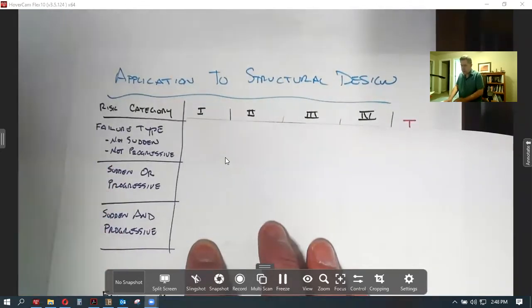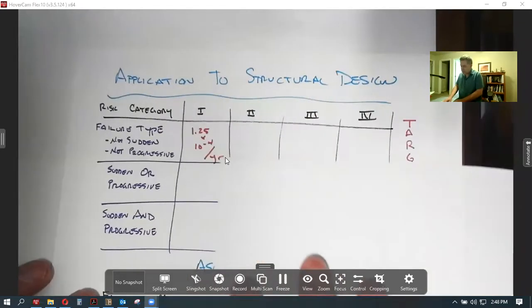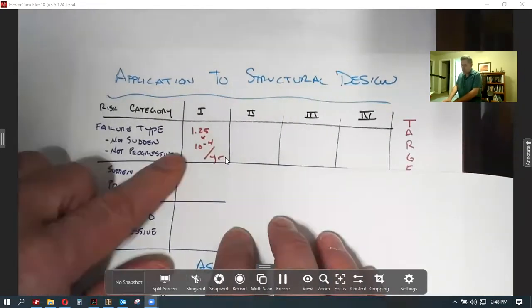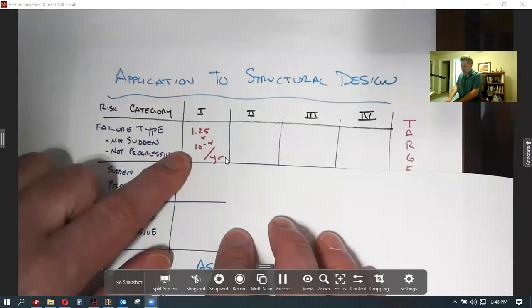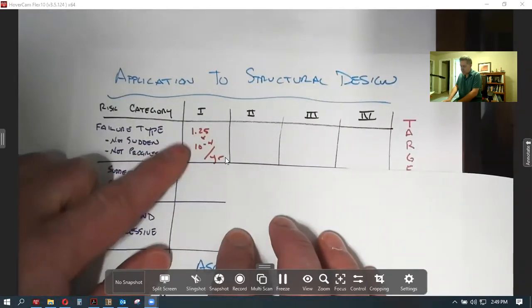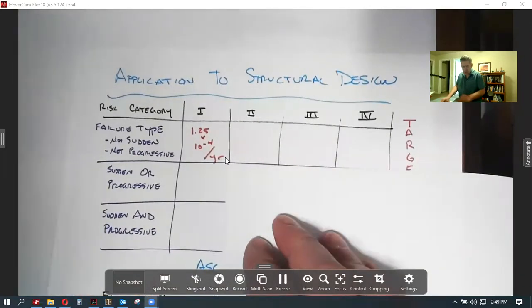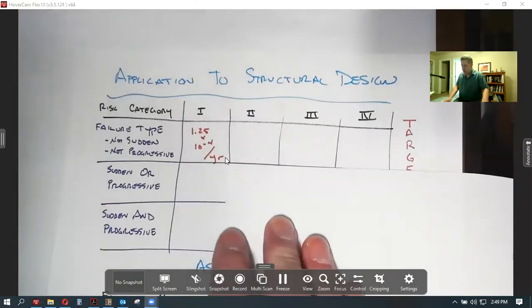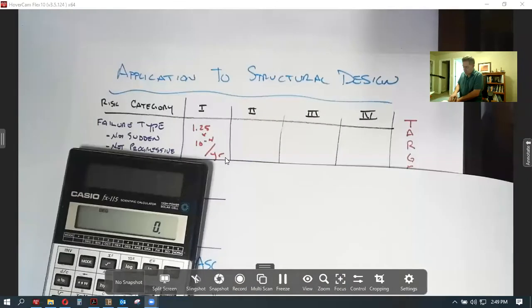And this other third category is sitting there in the middle. So when we look at, say, a silo on a farm, the potential for disaster there in terms of human life, not business life, but human life, is smaller. So we have a target failure probability, or annualized failure probability, of about 1.25 times 10 to the minus 4th. If you take the reciprocal of that, you'll get about 8,000.